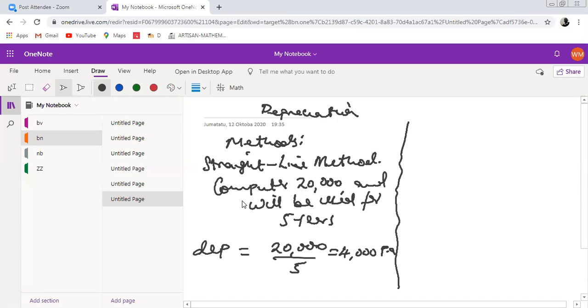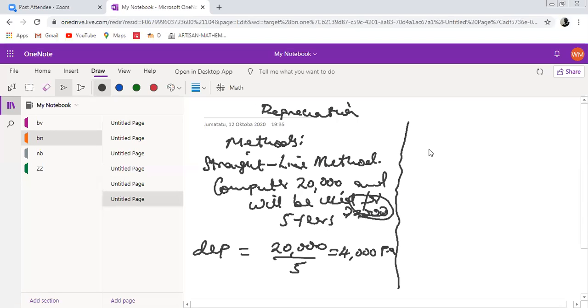So in some cases, a fixed asset might not have a zero value at the end of its useful life. Like for example, if I have that computer, you can find a case whereby after year 5, I can sell that computer and maybe I recover 2,000 from it.